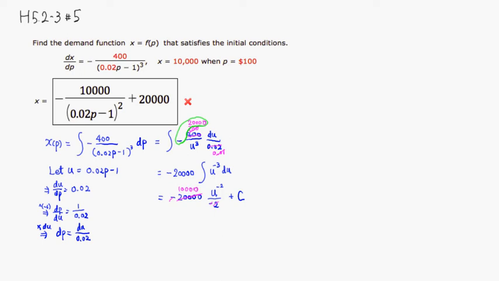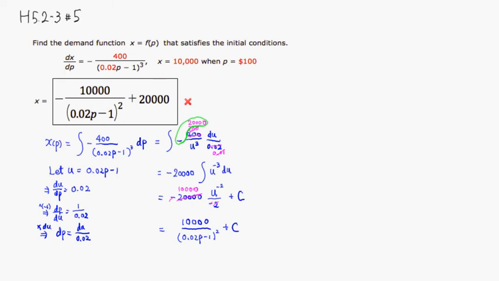Then we're going to put the original function back in. So we have 10,000 over, with a negative sign, u on the bottom and squared. But remember that u is 0.02p minus 1, squared, plus some constant c.